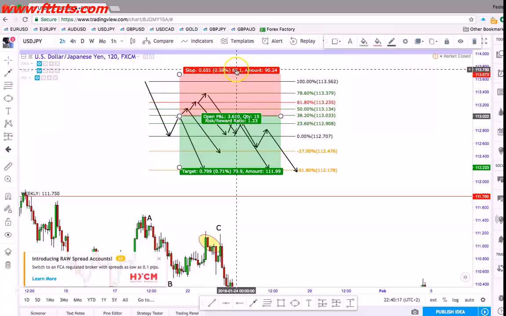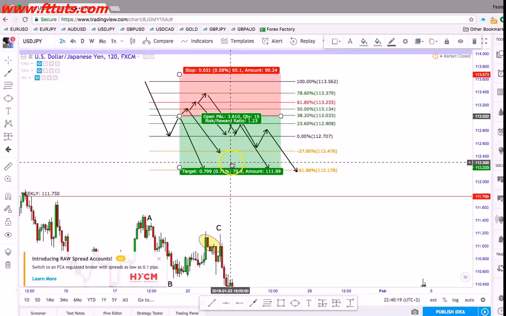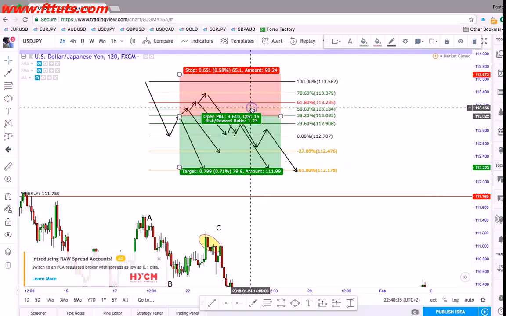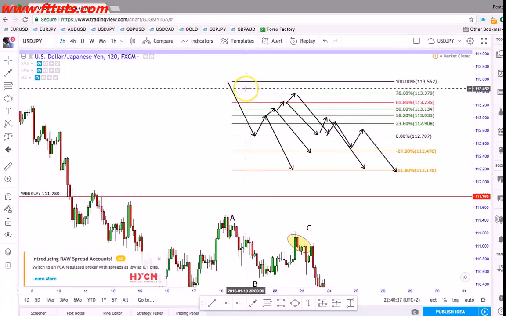Now you're risking 65 pips to catch 80 pips. So it's a 1-to-1 ratio. It's not a really good trade. If you're high risk, yes, 38.2 is aggressive and it can get you a take profit really quick. But if you're not willing to lay out the same risk as your reward, then don't take the trade. So that is the proper way of how you use Fibonacci.